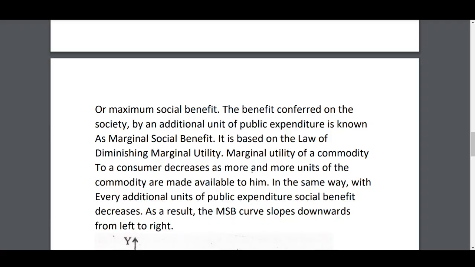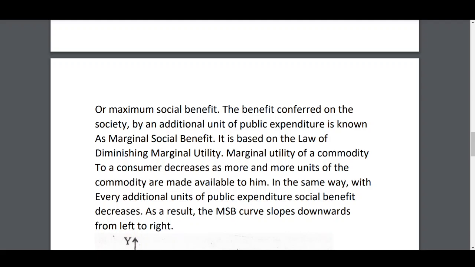The meaning is that whenever government incurs more and more additional units of expenditure, in the case of public expenditure, what will happen? Social benefit decreases. Instead of increasing, social benefit decreases.